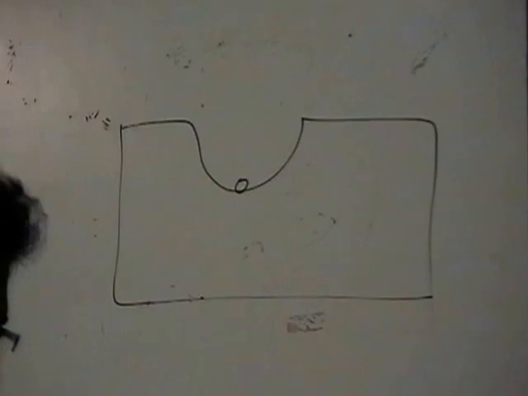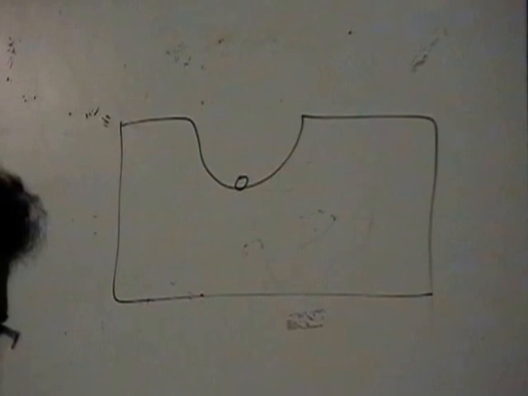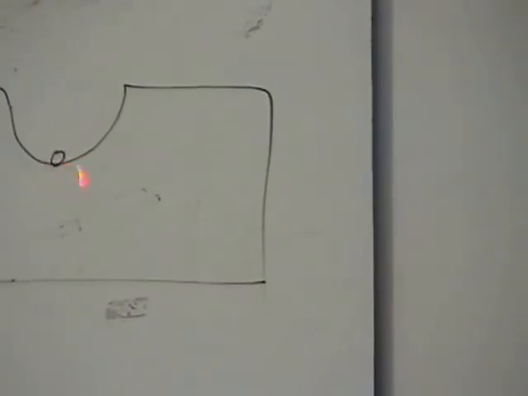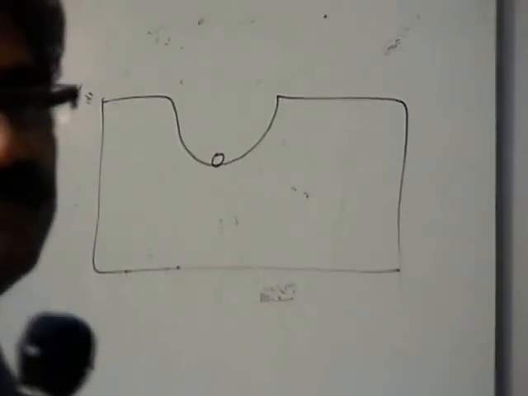So if you have a ball in that region and you give a disturbance to this, it oscillates, and if it comes back to the original position, it is stable. But if you give a large scale disturbance, it may fall outside. If it falls outside, it is unstable.